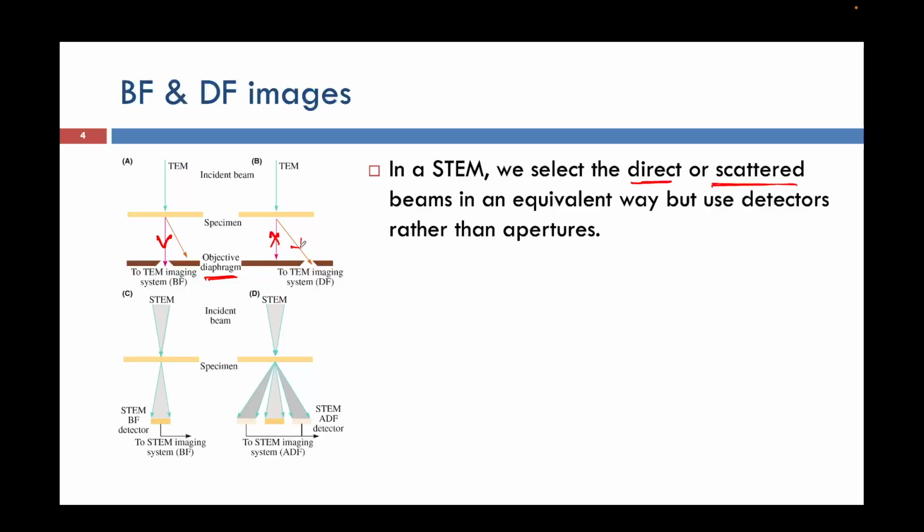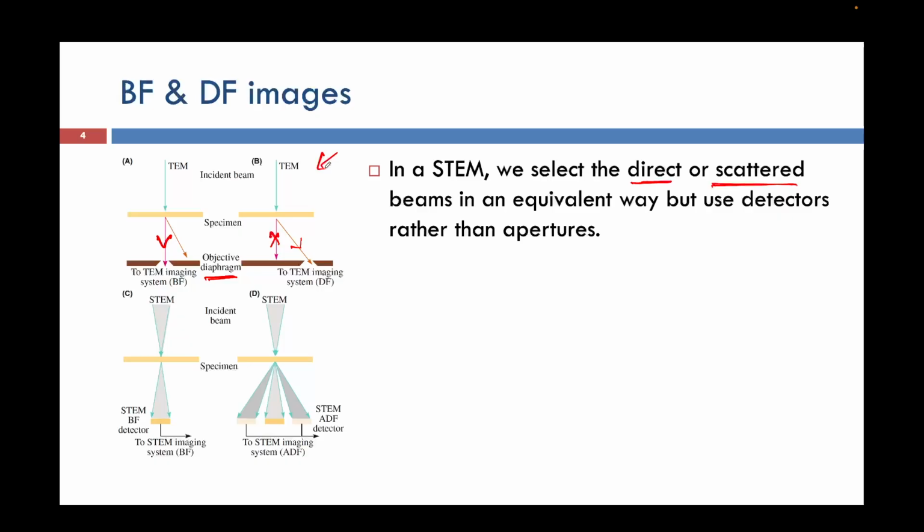So this is the mode of operation by which we collect different intensity or different signals using the objective aperture to get different types of contrast. Okay, so this is the bright field. So in TEM this is how we collect the bright field and dark field image.